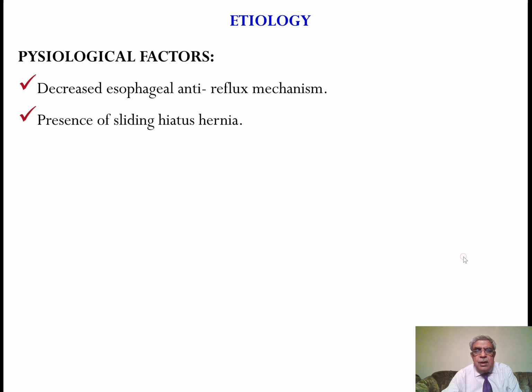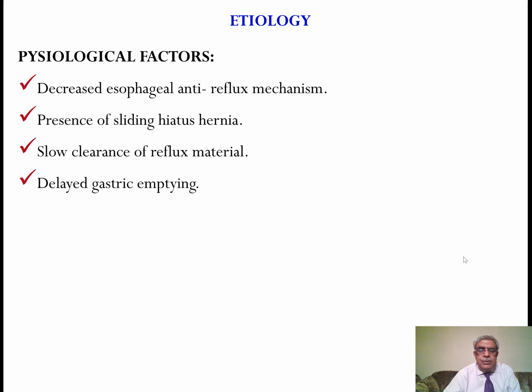Now, etiology. Physiological factors: decreased esophageal anti-reflux mechanism, presence of sliding hiatus hernia, slow clearance of reflux material, that is, if the gastric contents enter the esophagus, they are cleared slowly, delayed gastric emptying due to many diseases, and delayed healing due to repeated trauma.